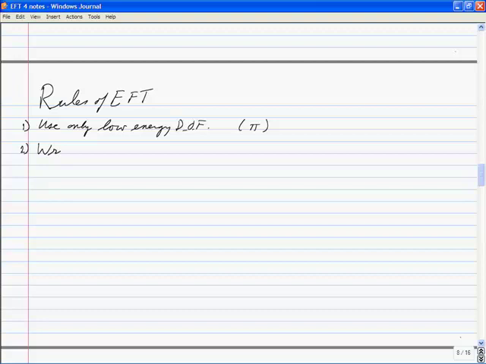You write the most general L effective consistent with the symmetries that you have. You order it in the energy expansion.